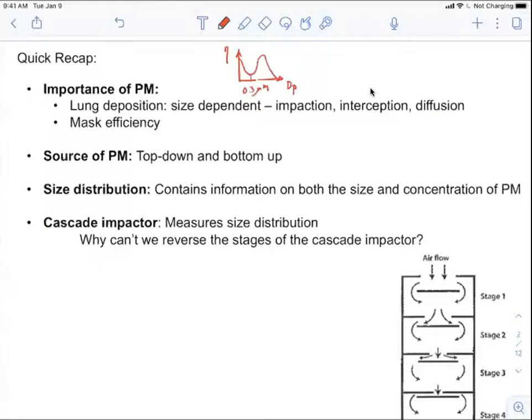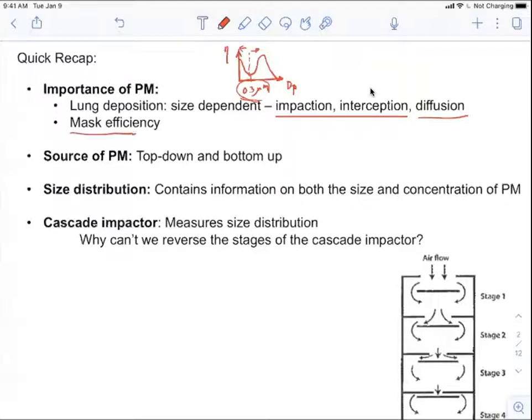So the reason for this shape is that the larger particles can deposit through impaction or interception. And the smaller particles can deposit through diffusion. And actually, it's the particles in the middle range that are most difficult to deposit onto our lungs. And the same mechanism is being applied onto the masks, right?